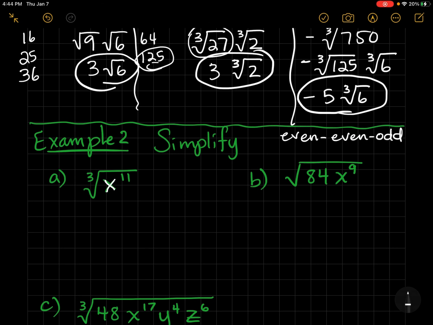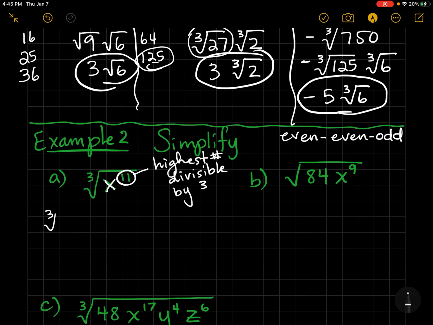We're looking for the highest number divisible by 3, but it has to be less than 11. Again, we're looking for the highest number divisible by 3. In other words, we're looking for a perfect cube.